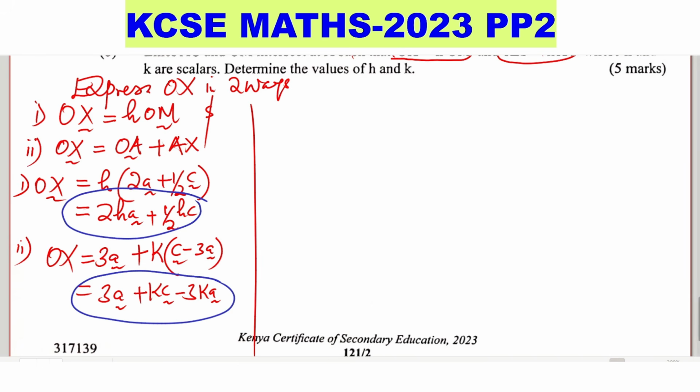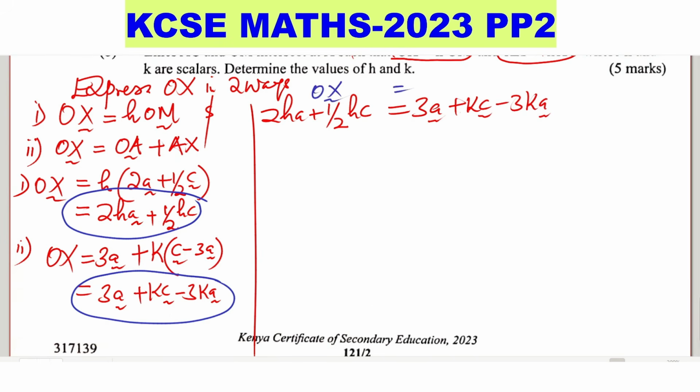So you have the first one, which is 2HA plus half HC. That is OX, which is equivalent to the other OX, which is 3A plus Kc minus 3Ka. From there, pick the terms having vector A and equate them.